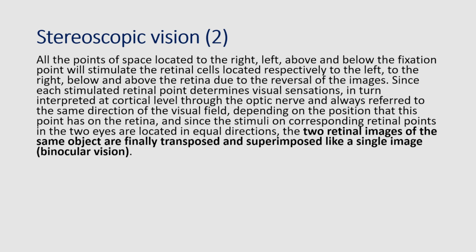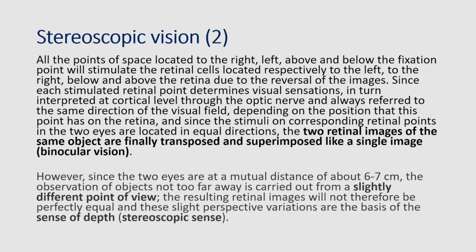Since each stimulated retinal point determines visual sensations, in turn interpreted at cortical level through the optic nerve and always referred to the same direction of the visual field, depending on the position that this point has on the retina, and since the stimuli on corresponding retinal points in the two eyes are located in equal directions, the two retinal images of the same object are finally transposed and superimposed like a single image, binocular vision.